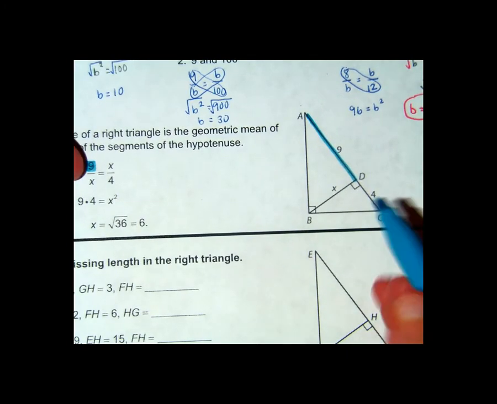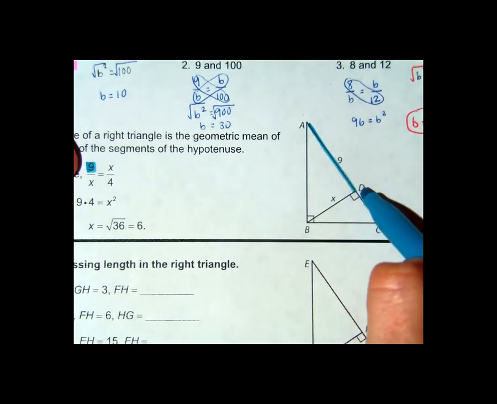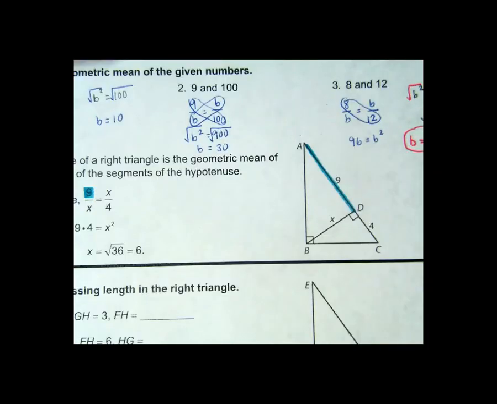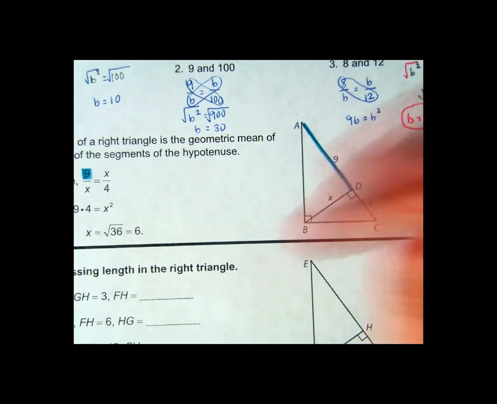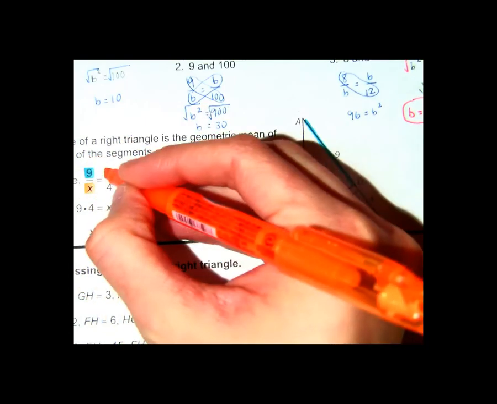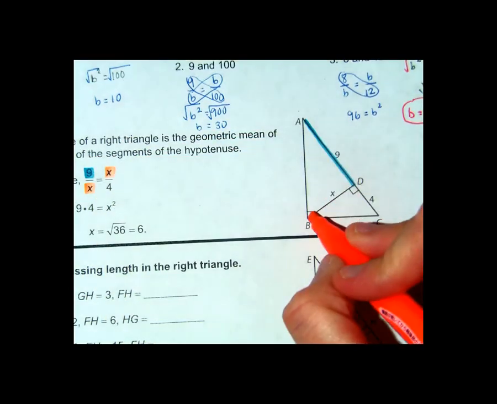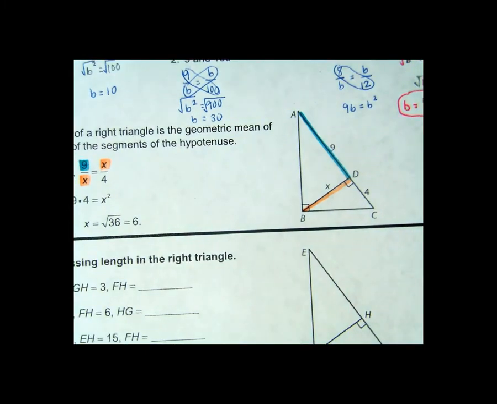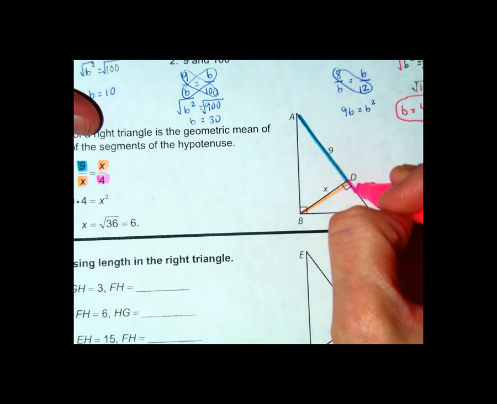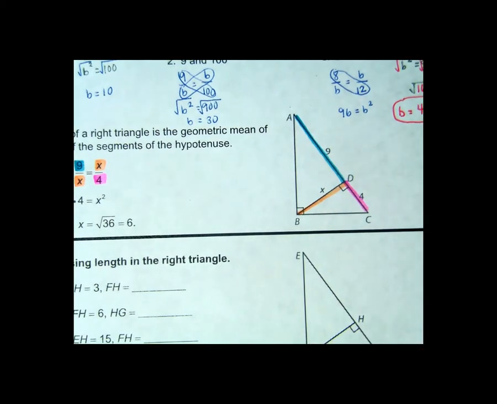So this 9 came from part of the hypotenuse of the triangle. This value right here, x, is the altitude of the triangle. And 4 is the other portion of the hypotenuse.